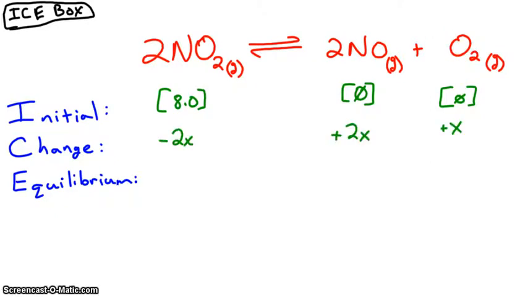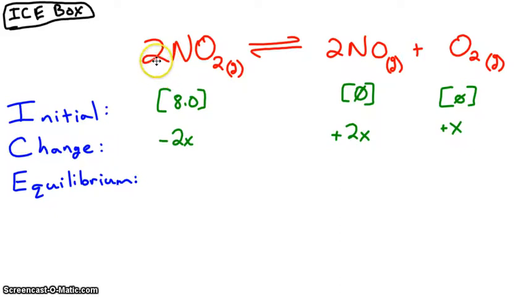The change in concentration that's going to occur is directly related to the stoichiometric coefficients in the balanced chemical equation. So the change of the NO2 gas is going to be minus 2x. It's minus because the NO2 gas is a reactant and it's going to be used up. And it's going to change at 2x because this stoichiometric coefficient is 2.